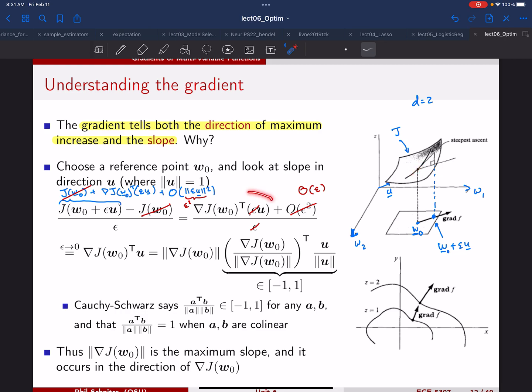Well, this first part, because we've canceled the epsilons, has no epsilon in it. So that's always going to be this. And then the second term, as epsilon goes to 0, this order term goes to 0, and we're left with just this. So what we figured out is that the slope here has this form: gradient at the reference point, transpose u, where u is a direction vector.